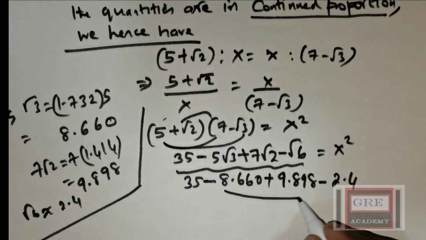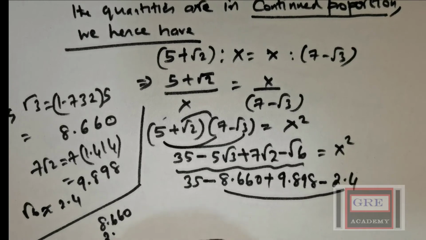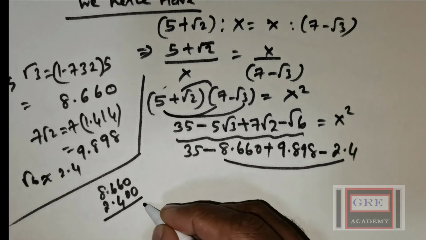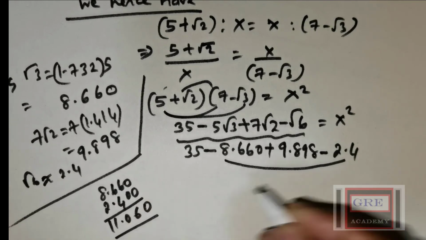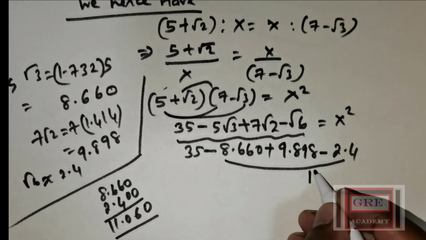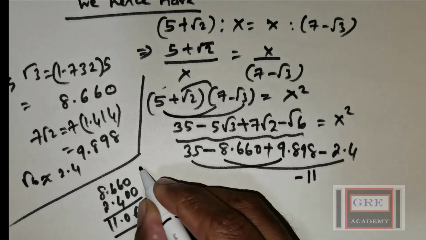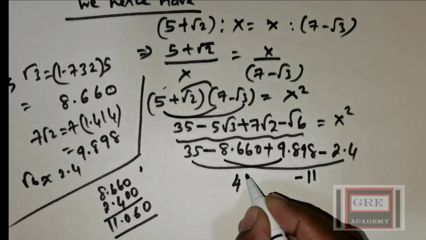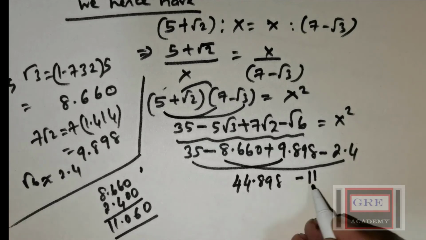What I'm going to do is add 8.660 with 2.400, which gives about 11 with a negative sign, and I can add 35 with 9, so that's going to be 44.898, and that had to be subtracted.